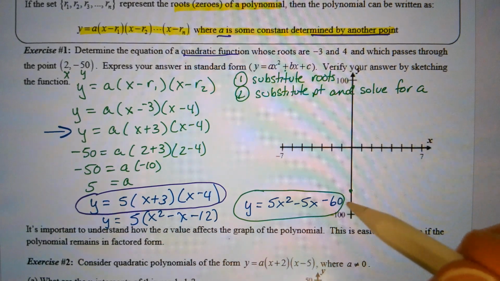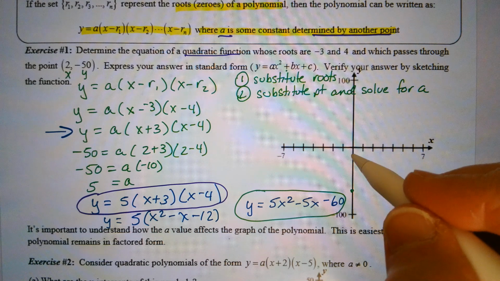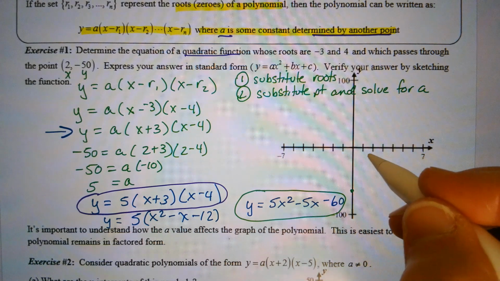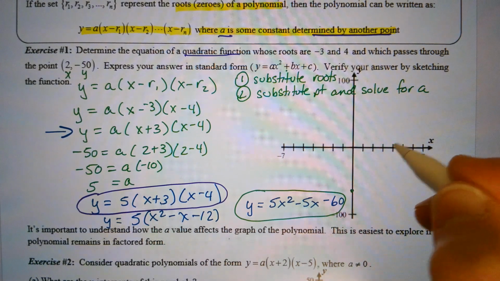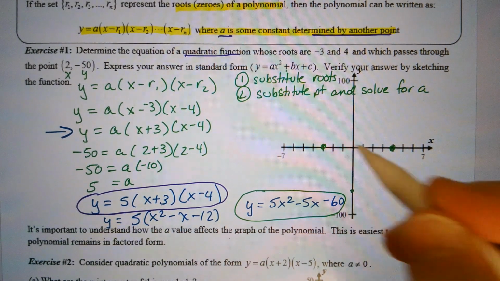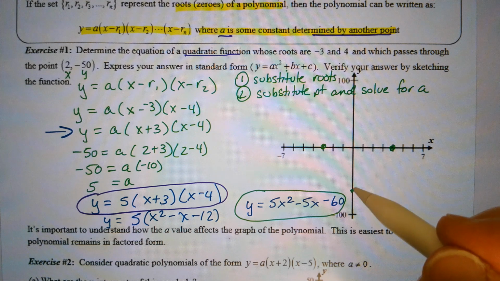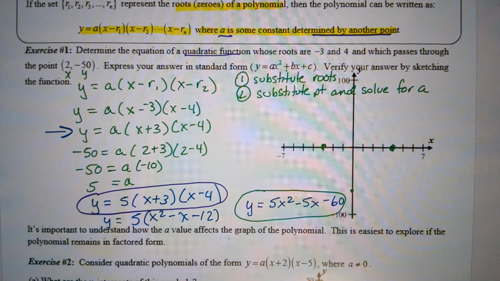Sketching a graph, I know that the roots are negative 3 and positive 4. 1, 2, 3, 4. It's quadratic. The leading coefficient is positive, so it's going to rise right.